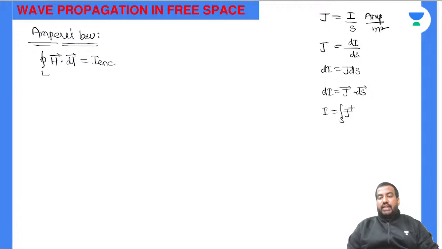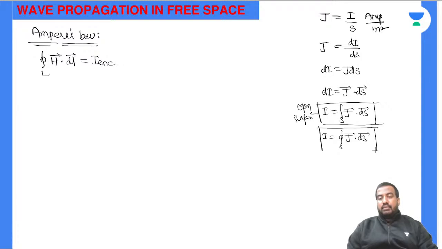I is the surface integral of J dot ds, the relation between current and current density. This is for an open surface. I is the closed surface integral of J dot ds. This is for a closed surface.